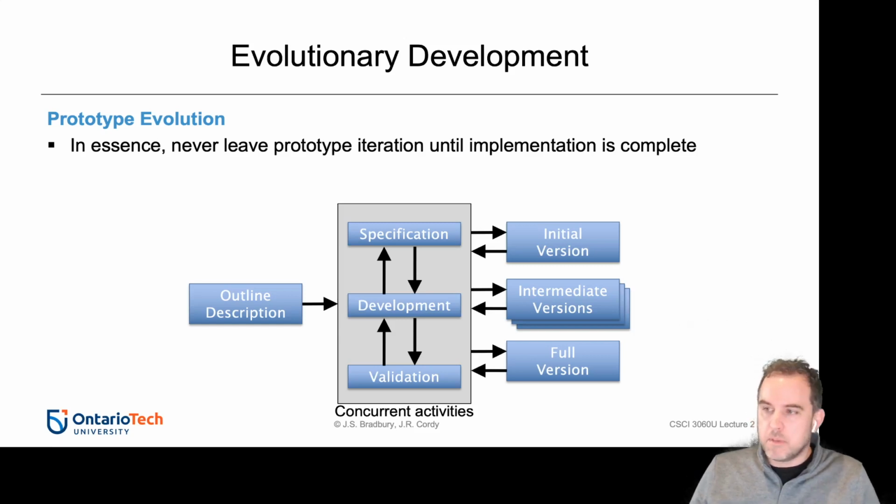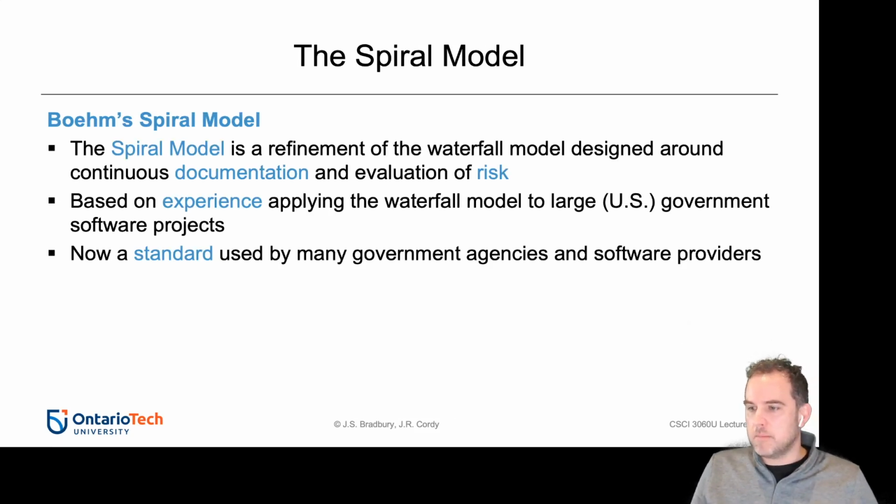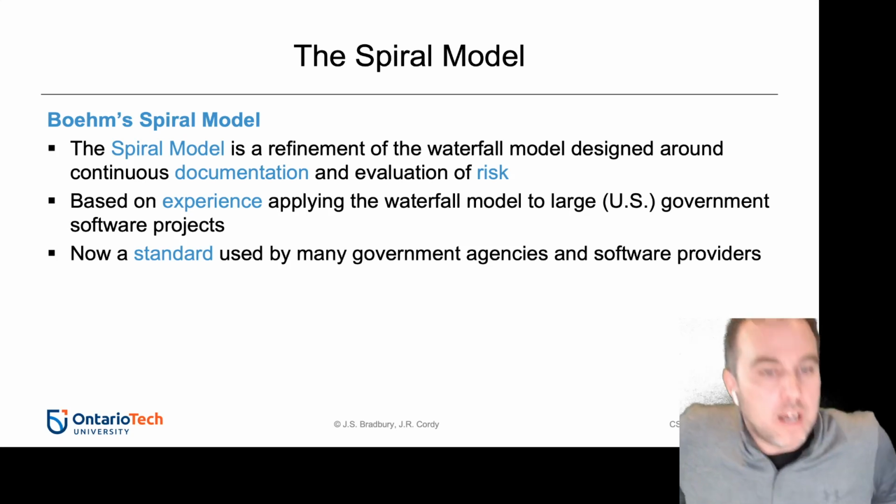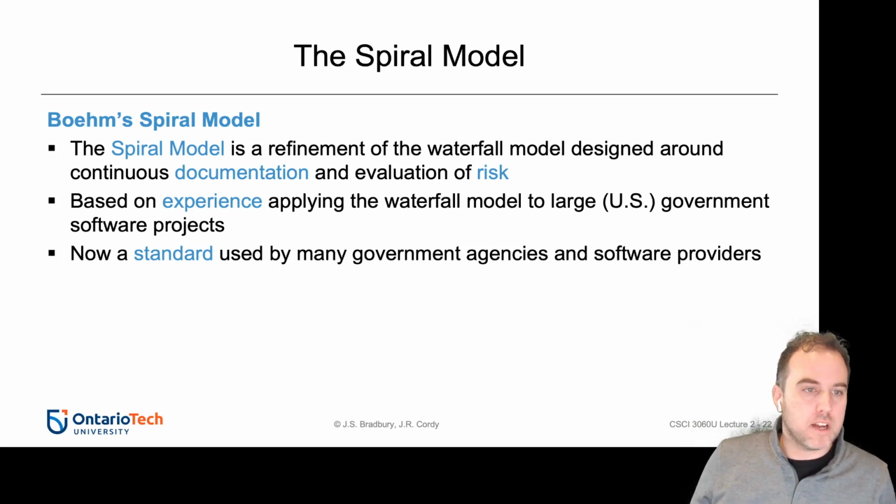Now, one last one I want to mention, and I'm mentioning this not because I think it's really applicable for what we do, but it's a meta model that's been added on top of traditional software in U.S. government projects to ensure quality, called the spiral model. A lot of government agencies still use the spiral model, although it has become less common depending on the type of project.